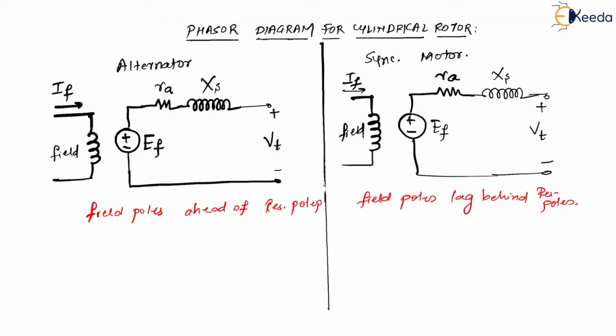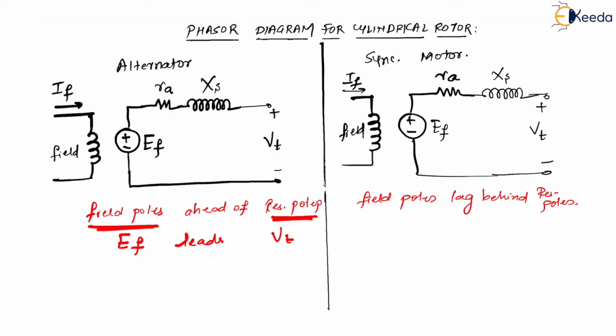Since field poles are ahead of resultant poles in the alternator, EF is going to be ahead of VT, we can say EF leads VT. This is always true in case of the alternator.